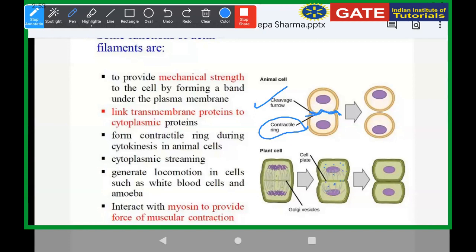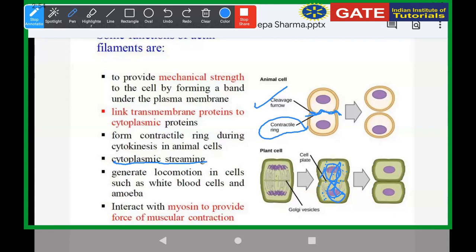From one part to another part of the cell, cytoplasm is transported with the help of the cytoskeleton. Cytoplasm is a fluid matrix, right? It can move from one place to another in the same cell. That is called cytoplasmic streaming. Got it?